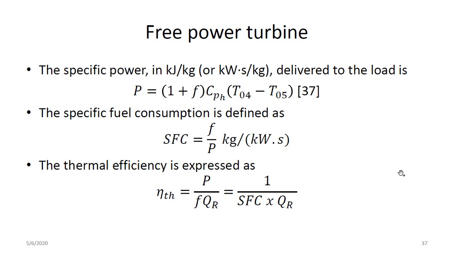So 1 plus F, this is the exhaust mass flow. And because this is specific power, it means that we are dividing it by the mass flow. That's why these ratios. And the specific fuel consumption and thermal efficiency are exactly the same as those we've looked at previously.